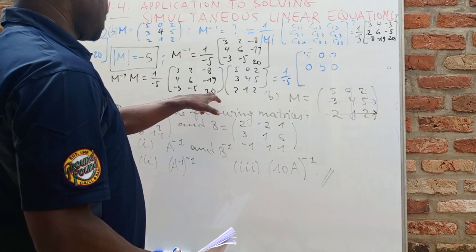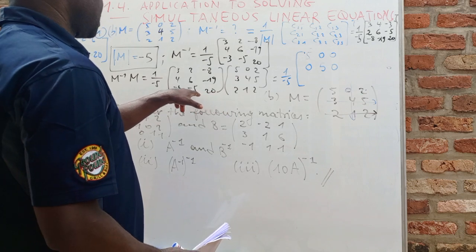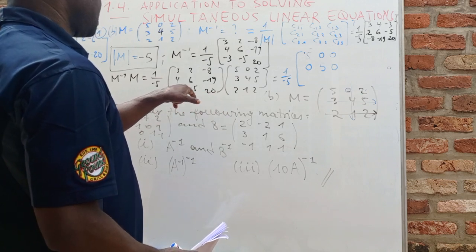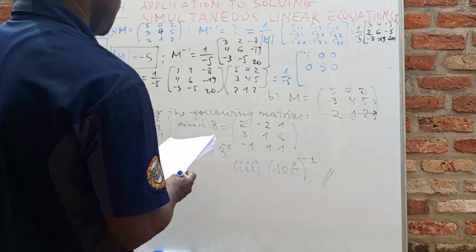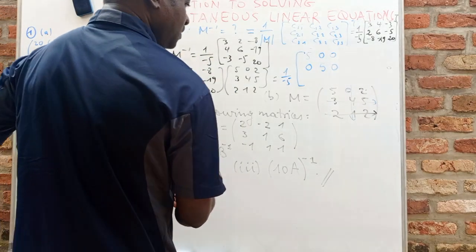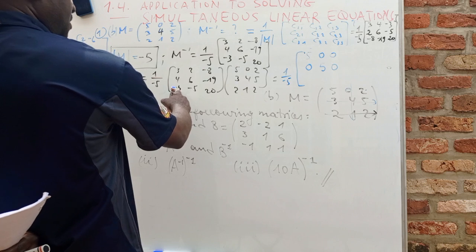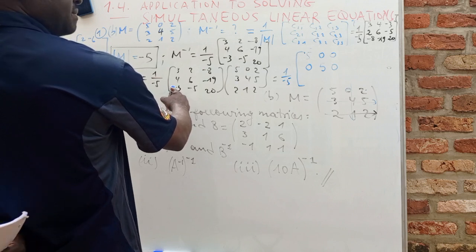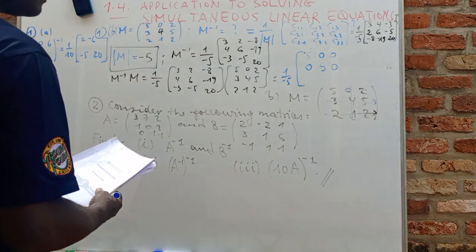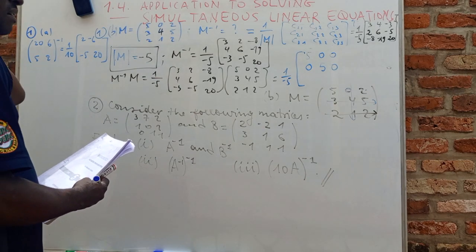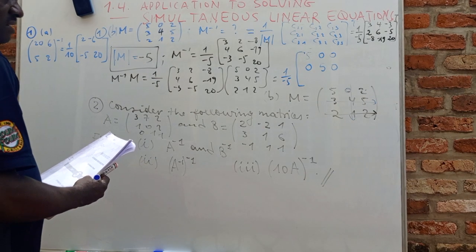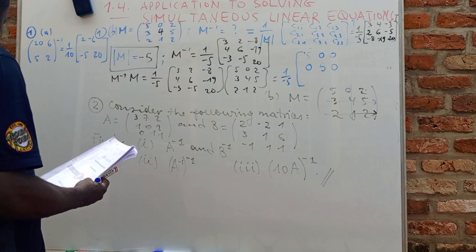Is equal to 40 minus 30. 40 minus 30 is, so what am I doing here? Okay, what is this?